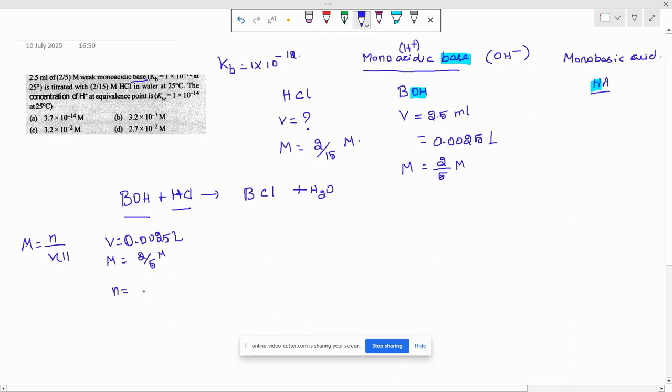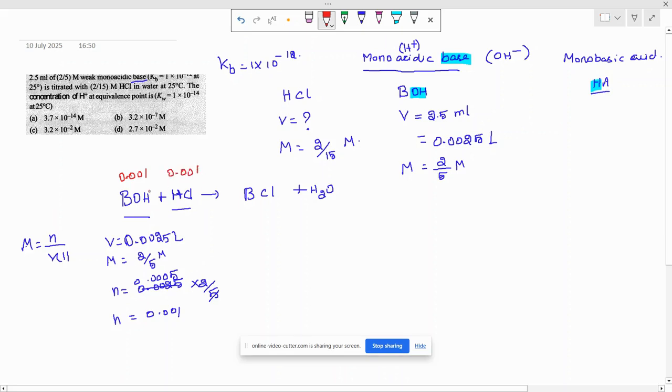Then the number of moles will be 0.0025 into 2 divided by 5, totally 0.001 actually. So the number of moles of BOH present in the solution will be 0.001. So that's why the HCl mole also should be 0.001.